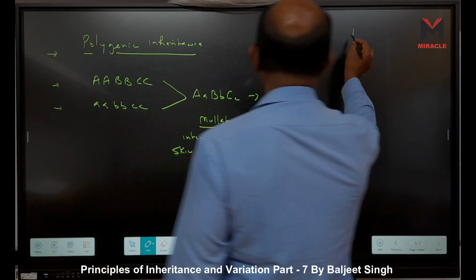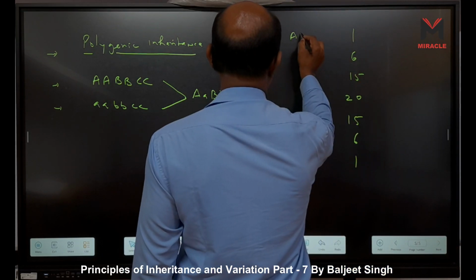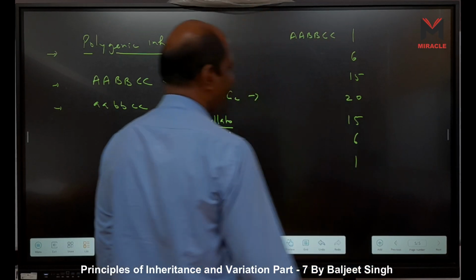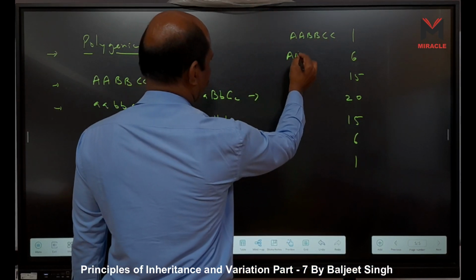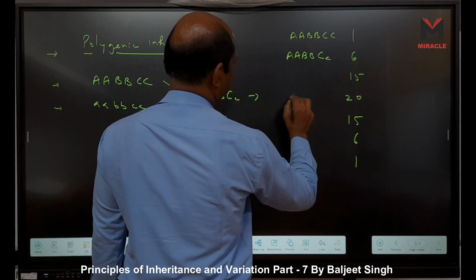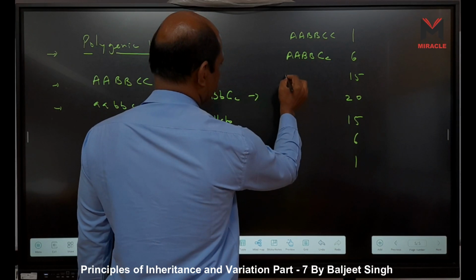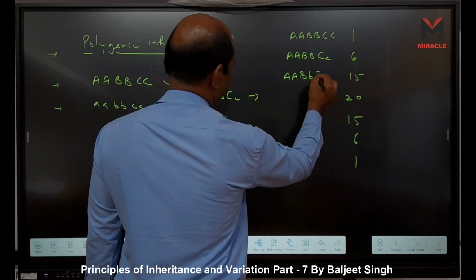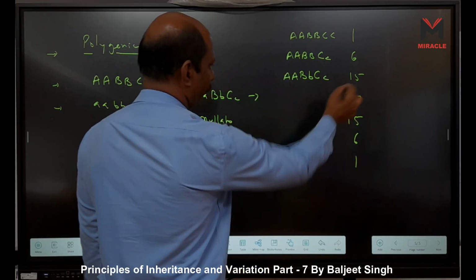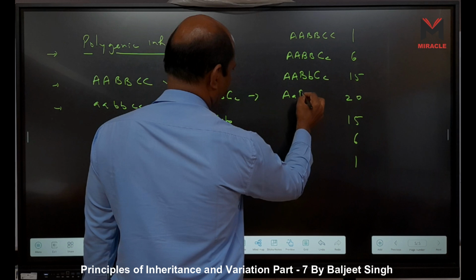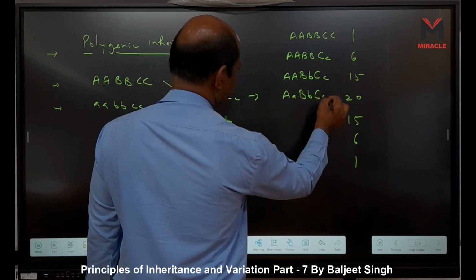Here we have capital A, capital A, capital B, capital B, capital C, capital C. This time, capital A, capital A, capital B, capital B, capital C, small c. So one is small, and this is capital A, capital A, capital B, small b, capital C, small c. 15. Third means intermediate: capital A, small a, capital B, small b, capital C, small c.